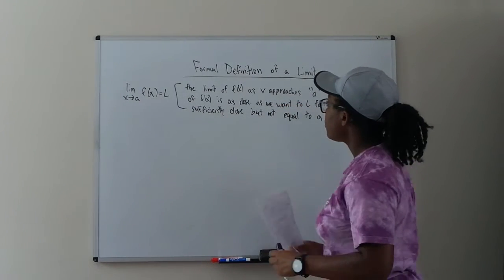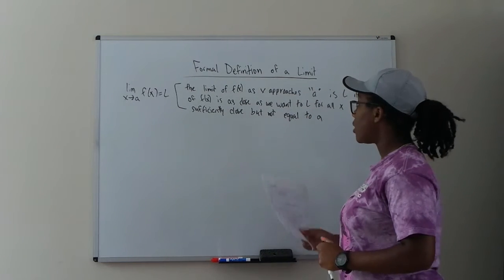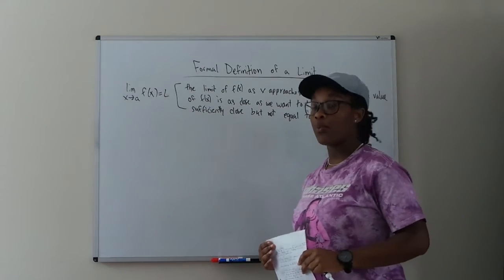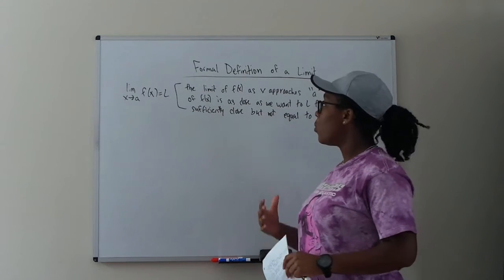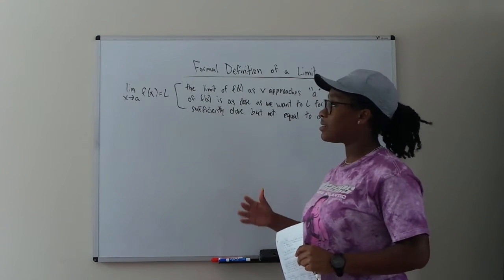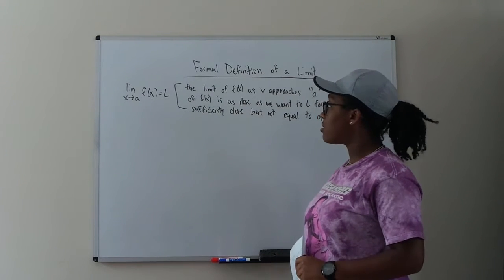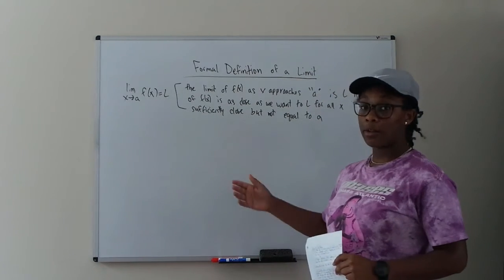Okay, so this is the formal definition, kind of the wordy version of what a limit actually is. Before, with the examples I gave, we were trying to get an intuitive understanding of what a limit means. What does it feel like when we ask what the limit as x approaches a of f of x of a particular function is? And what does it mean when we say it's equal to some finite value, usually called L?